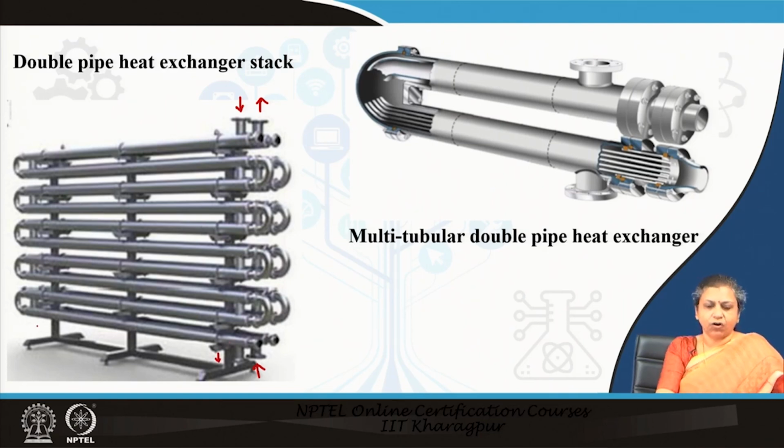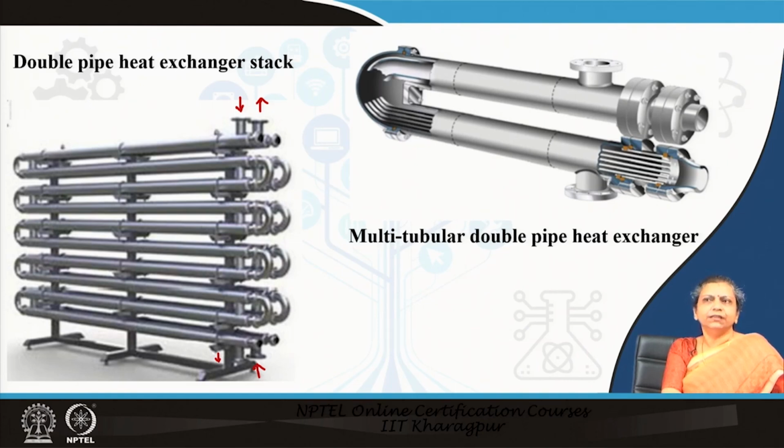In this case, we say that the different hairpins are connected in series to provide a large amount of area. We can also have parallel flow arrangements, which we will discuss at the end of the discussions on double pipe exchangers, under certain specific conditions. I will just mention the condition.